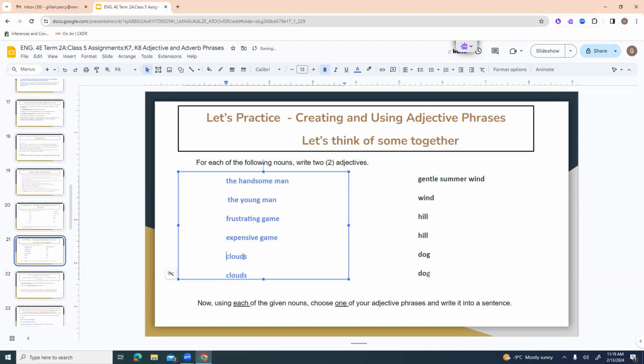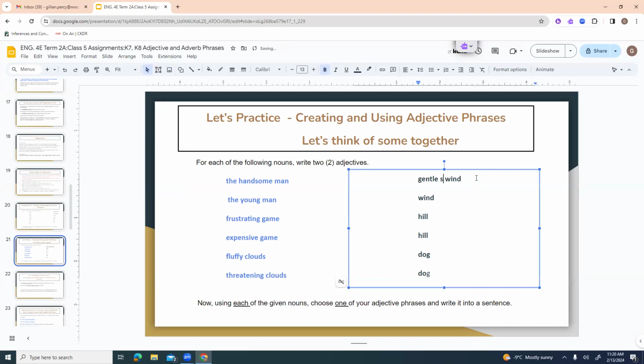Clouds, they could be fluffy clouds, or maybe they are threatening clouds, like you think it's going to have a storm soon. I wouldn't say gentle summer wind. In this case, it would just be gentle wind versus, say, a fierce wind.